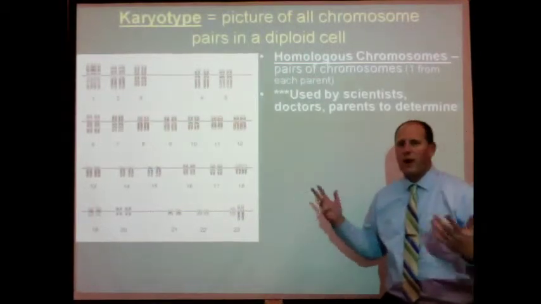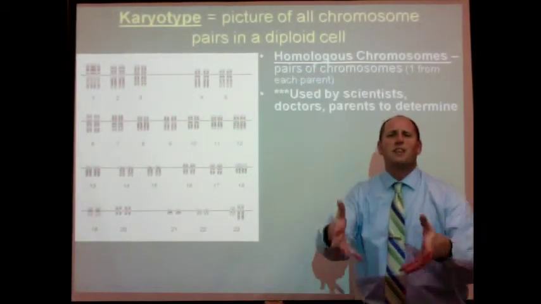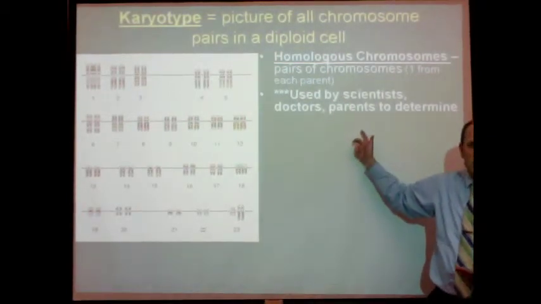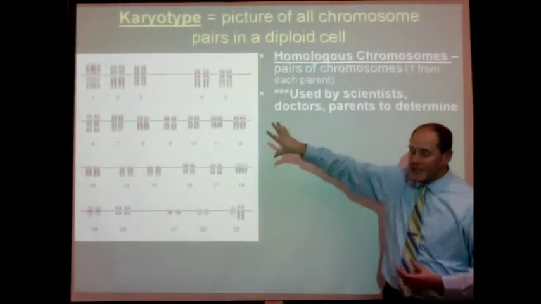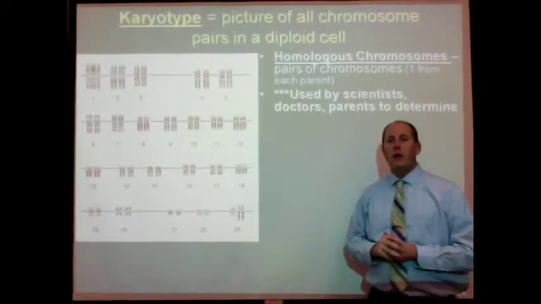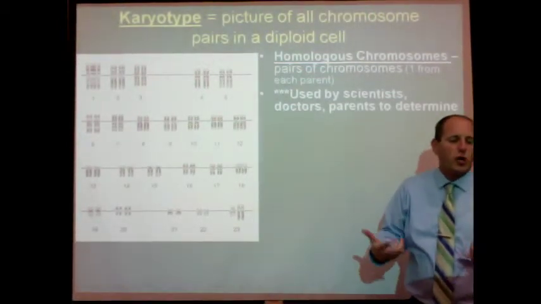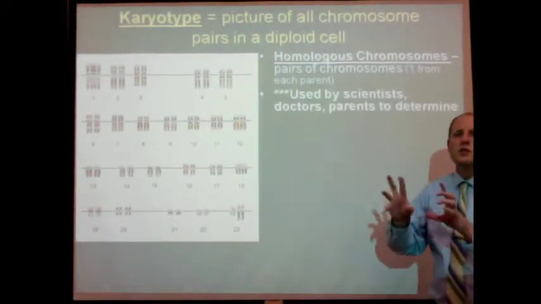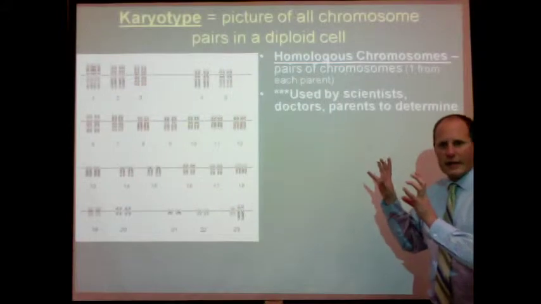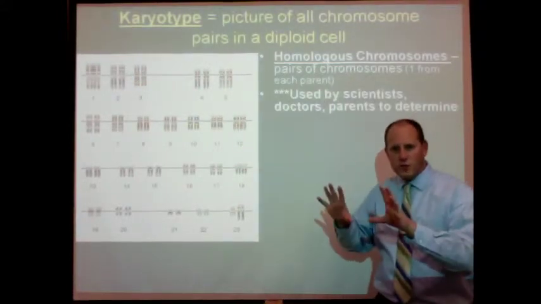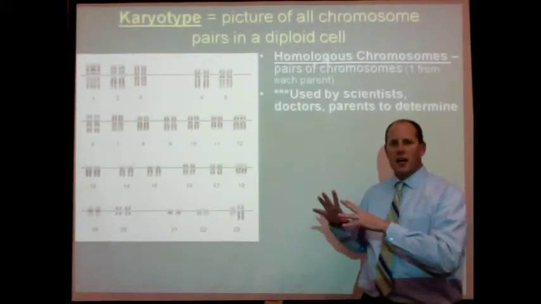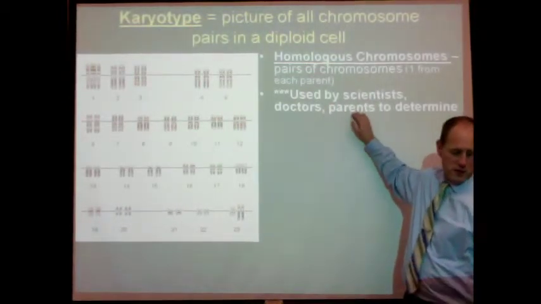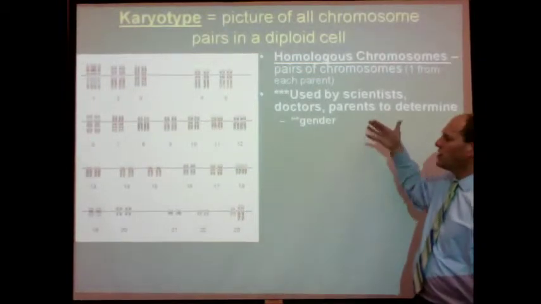Now you might be thinking, well, why are we even talking about these karyotypes? Why do we need to look at our DNA? Well, scientists, doctors, and parents use these particular pictures of our DNA to determine some information. So, on the left-hand side, use of karyotype. And then on the right, by scientists, doctors, parents, to determine gender.